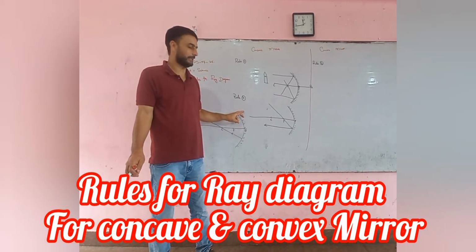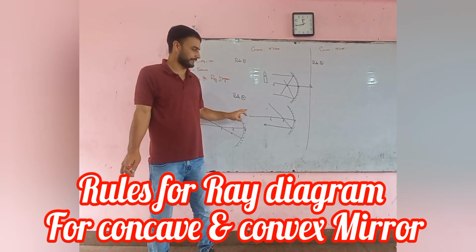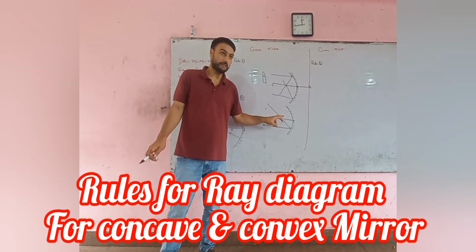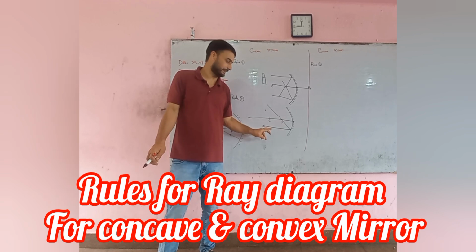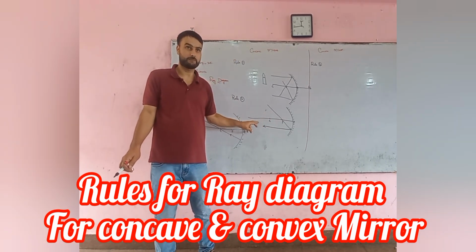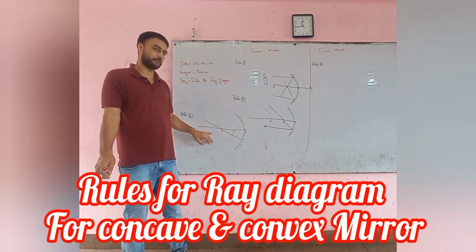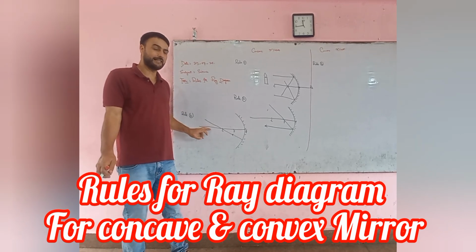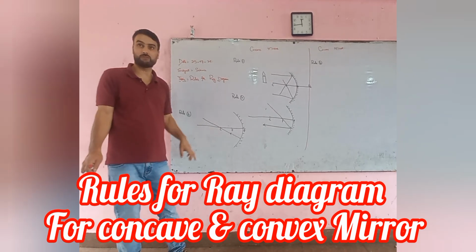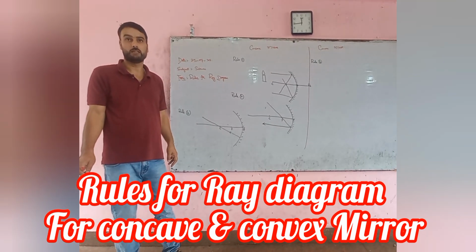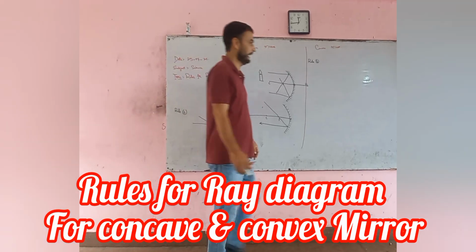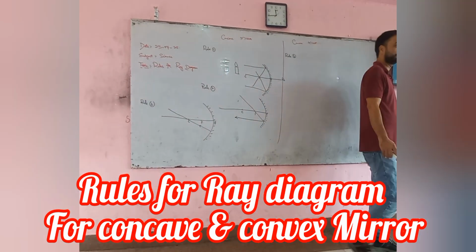Rule number two, if the incident ray passes through the principal focus, the reflected ray will be parallel to the principal axis. Rule number three, if the incident ray is directed towards the center of curvature, the direction of the reflected ray will be the same.